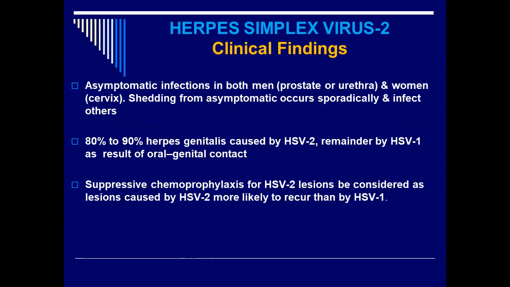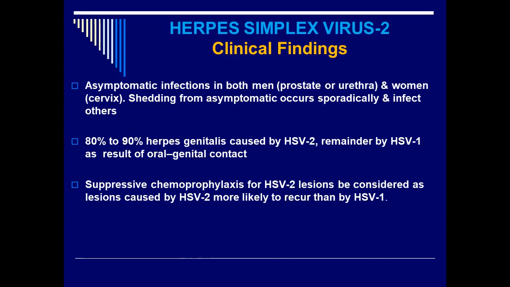Then the shedding from the asymptomatic patient occurs sporadically and infects others also. About 80 to 90% of herpes genitalis are caused by HSV2, and the remaining 10 to 20% are caused by HSV1 because of oral genital contact.